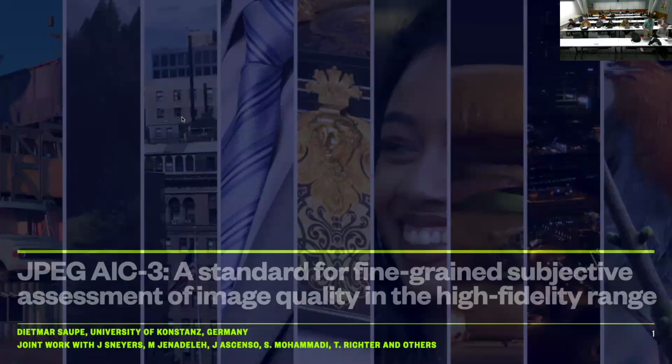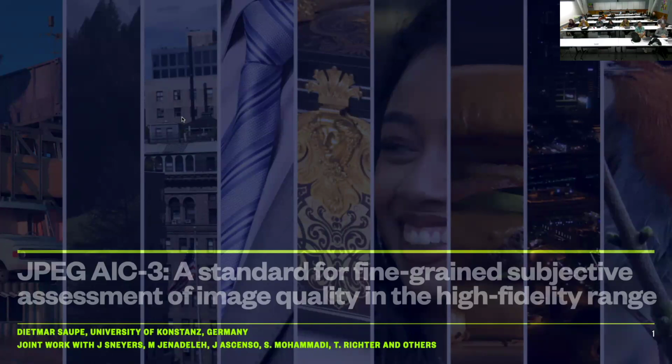Okay, this is about JPEG AIC3, so it's a standardization effort, a group project. AIC is the group, and I'm the chair of this ad hoc group. AIC stands for Assessment of Image Codecs.